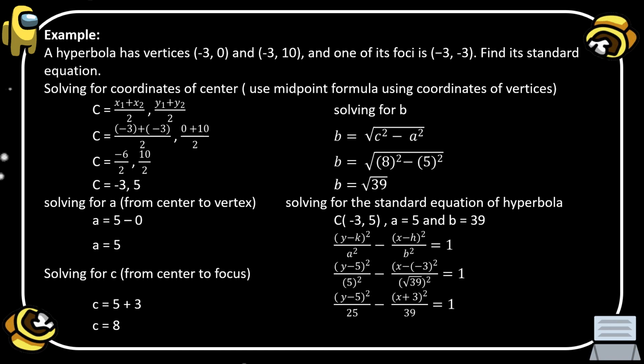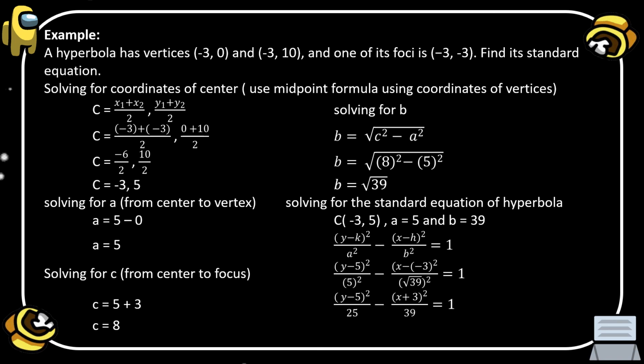You substitute the values of k and h. Remember, h is negative 3, k is 5. The a is also 5, then your b is the square root of 39. Okay, substitute: we have y minus 5 squared over 5 squared minus the quantity x minus negative 3 squared over the square root of 39 squared.